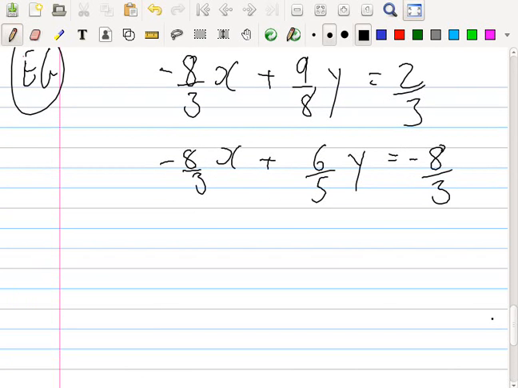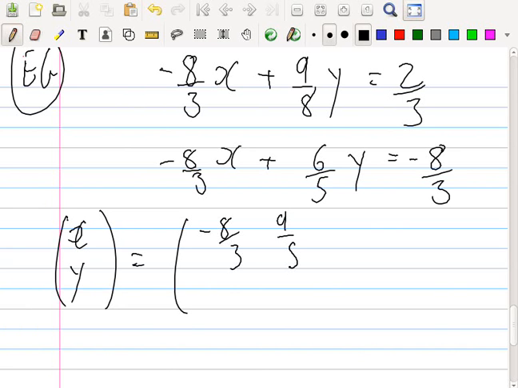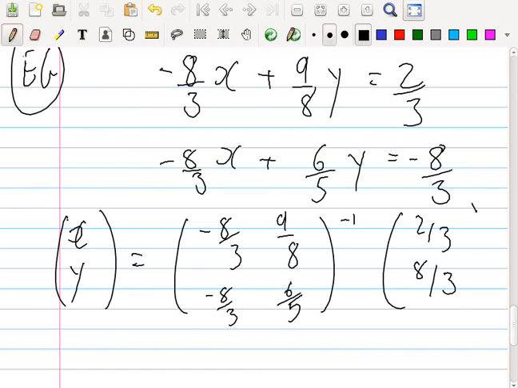Okay, so like before, using the matrix method, I can jump straight to the answer. xy equals the inverse of minus 8 over 3, 9 over 8, minus 8 over 3, 6 over 5, times 2 over 3 and 8 over 3.